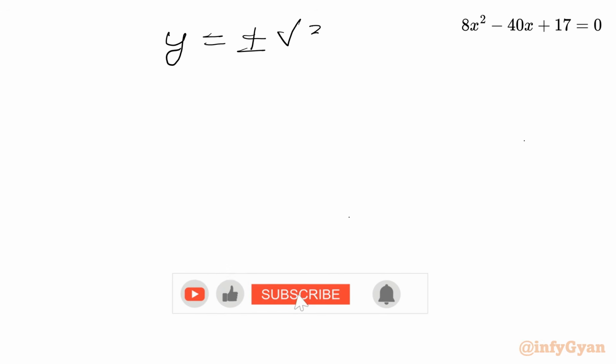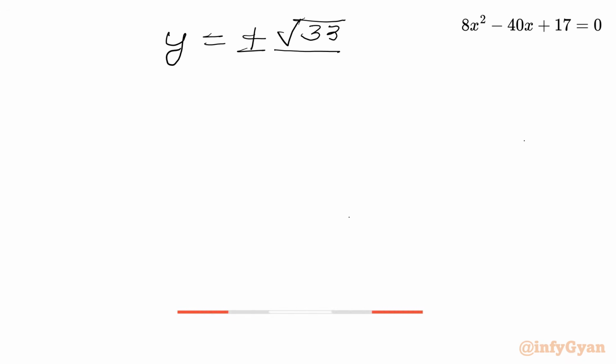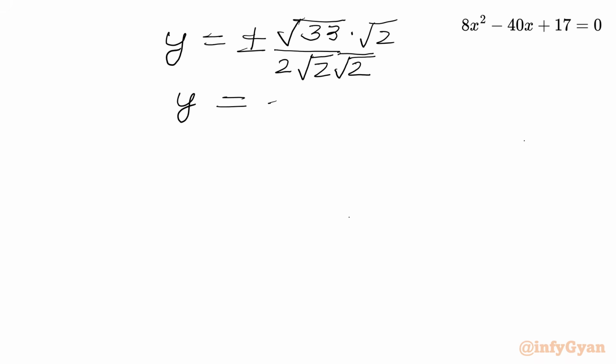We will get y equal to plus minus square root 33 over square root 8. I can write this as 2 root 2. Now we will rationalize the denominator by multiplying root 2 in the numerator and denominator. We will get y equal to plus minus square root 66 over 4.